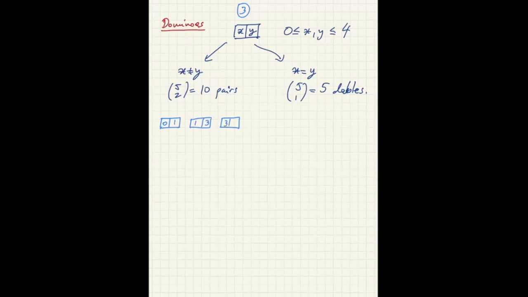Then you can have 3, 0, 0, 2, 2, 3, 3, 4, and something that starts with 4, 4, 1, 1, 2. Let me put it this way, 2, 4, and then 4, 0. So these are all the pairs.